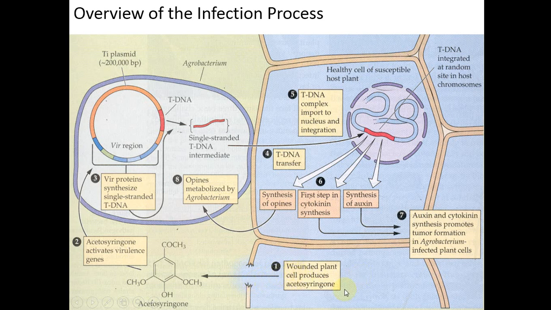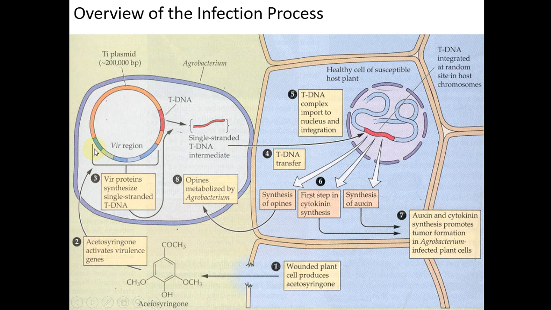This produce phenolic compound known as acetosyringone. This acetosyringone attracts Agrobacterium tumefaciens towards it and activate virulence genes present on this Ti plasmid, present in Agrobacterium. This is Agrobacterium. Okay, this is bacteria which comes near close proximity or get attracted towards this wounded tissue, because this wounded tissue produce acetosyringone.